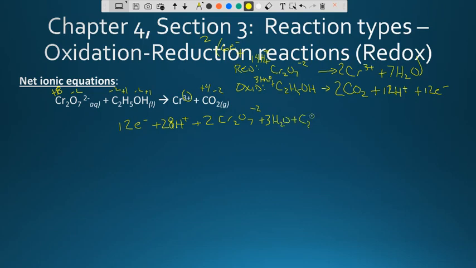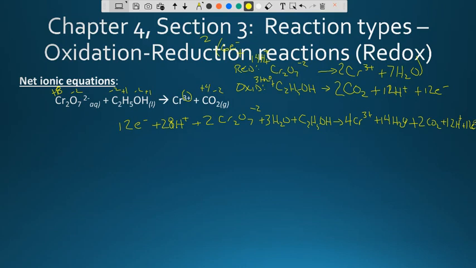I have my C2H5OH. Now let's take a look at my products. I have 4 chromium ions. I have 14 waters here. Looking at the products, I have 2 carbon dioxides. I have 12 hydrogen ions, and I have 12 electrons.